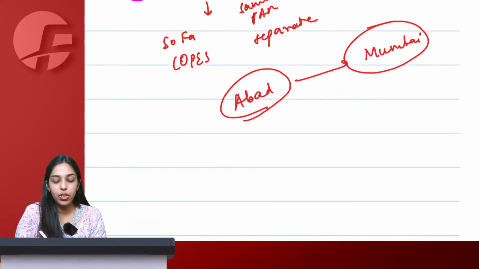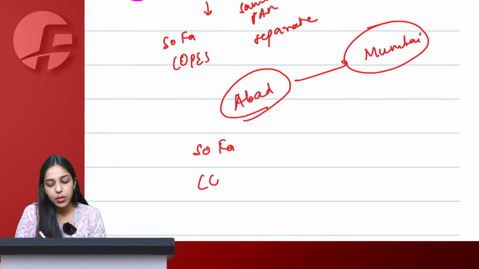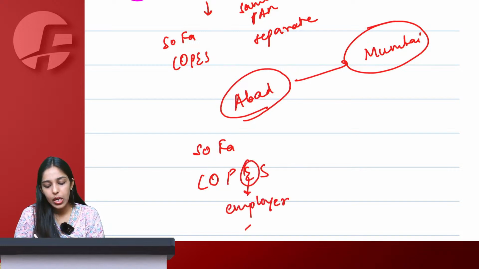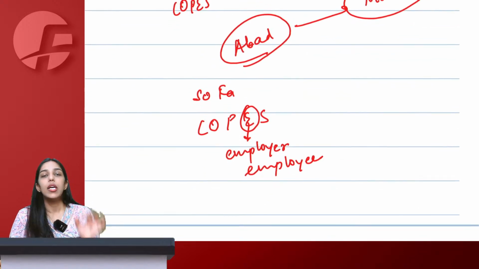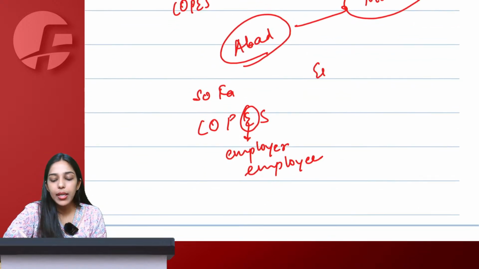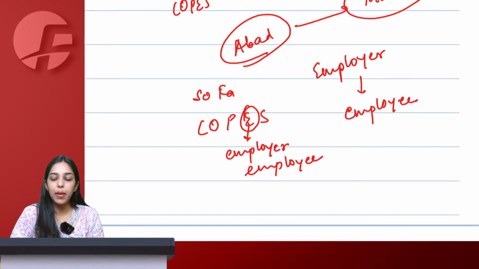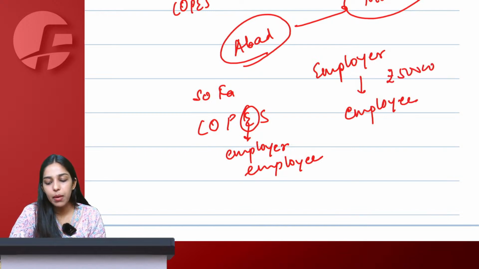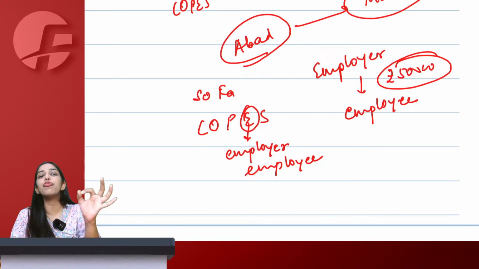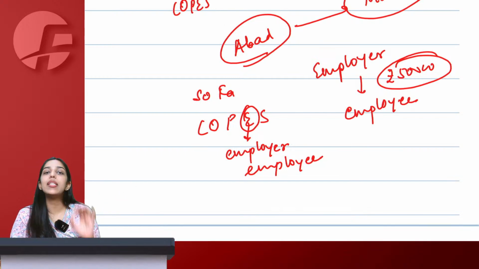There is one exception here. See, Sofa Copes. E means employer-employee. Under Sofa Copes, E means employer-employee relationship. Now here there is this exception that if an employer is gifting something to an employee, and the amount of that gift is up to 50,000 rupees, then in that case we do not consider it as supply.